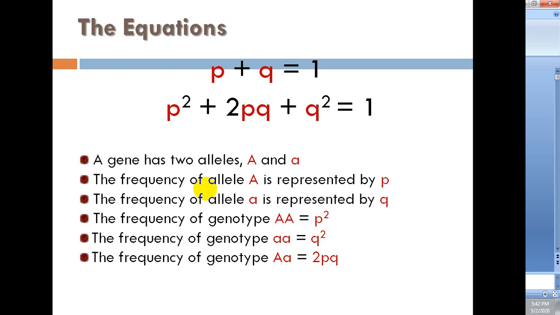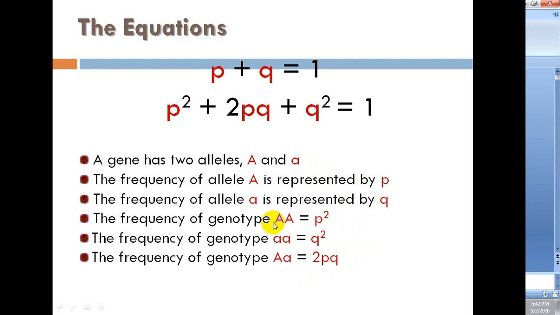The frequency of the dominant allele is represented by p, whereas the frequency of the recessive allele is represented by q. This is allelic frequency and this is genotype frequency. So p square, q square and 2pq are the genotype frequencies.